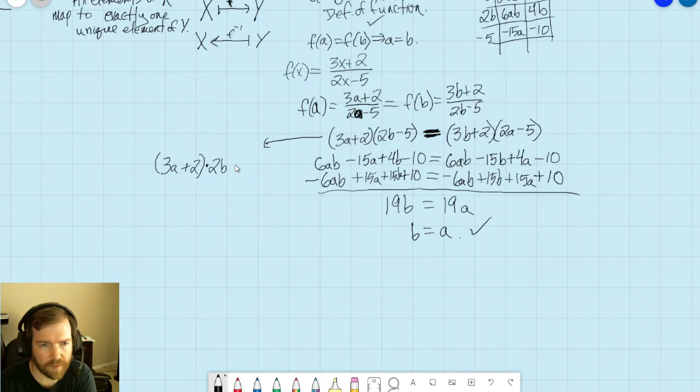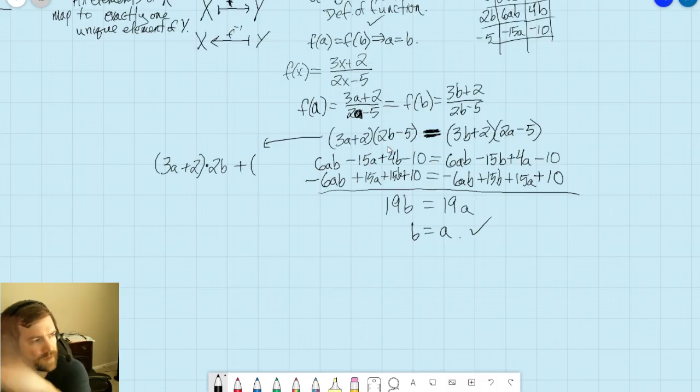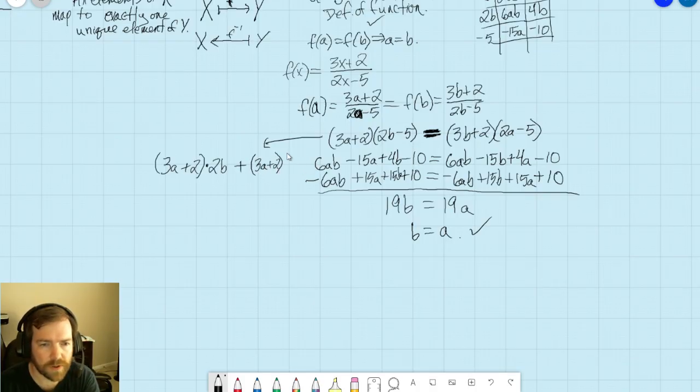And then this is a little ugly because you stick the negative out there, or you can put a positive in between them and then have the negative 5 just be at the end. So 3a plus 2 times negative 5 like that. So you can go either way, but I tend to do this, and I don't know if that's just me saying you're going to take something and just distribute whatever's in front. But either way.